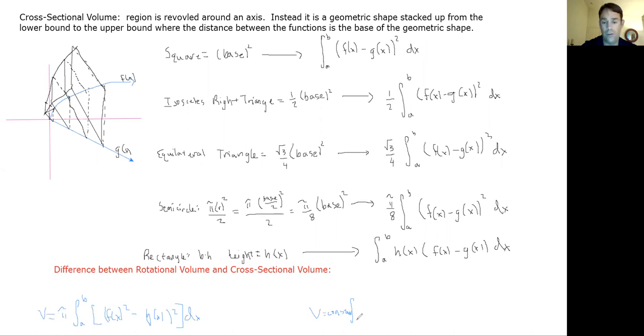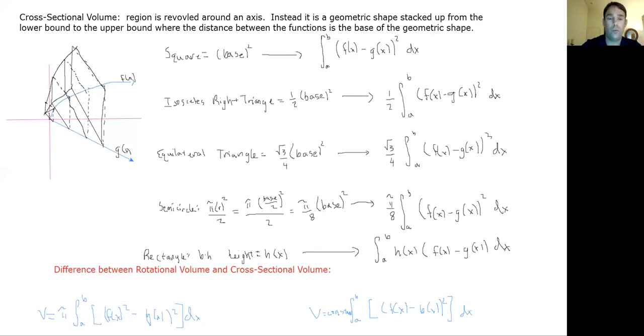But the main difference is that instead of function squared minus function squared, we are going to have function minus function squared, because that is the length of the base, or the distance between the two functions, which would be the base. That's the big difference between the two.